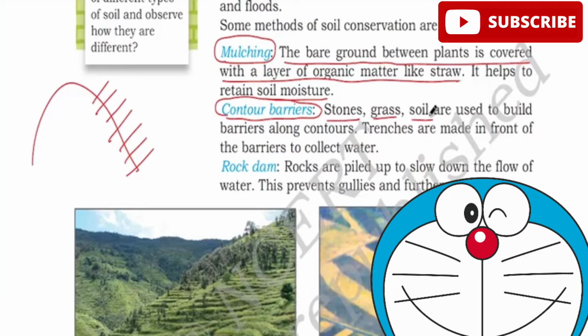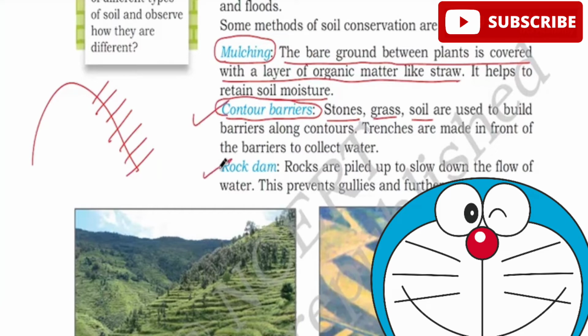If soil is moving, first the stones will stop it. Then even if it moves above and comes back, grass will stop it. Again, if it moves above and comes back, then there will be other rock boulders which will prevent it from moving out. Because of this, the retention capacity will be more. This is what we call contour barriers.